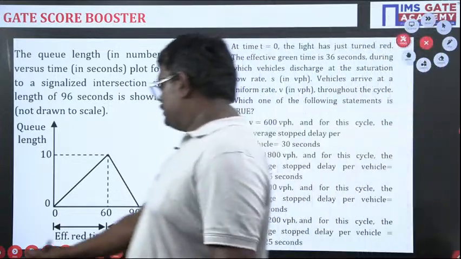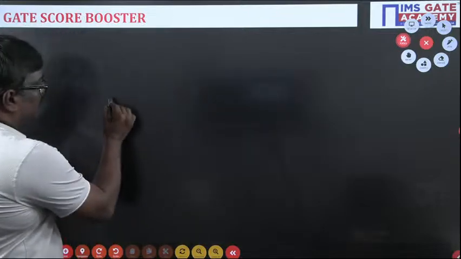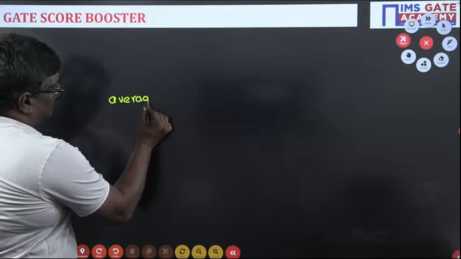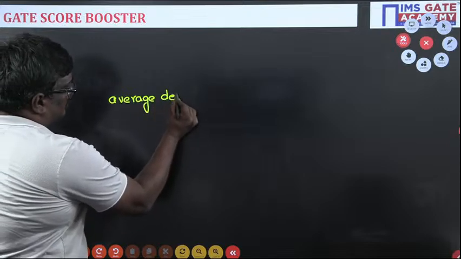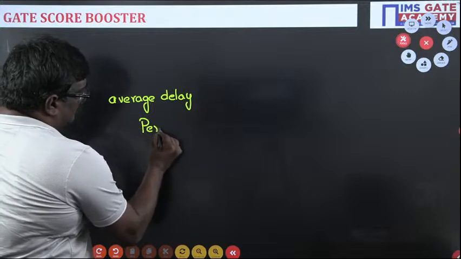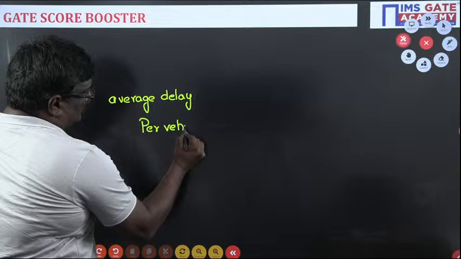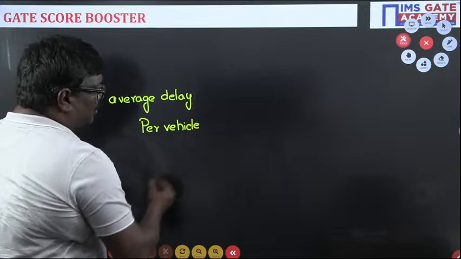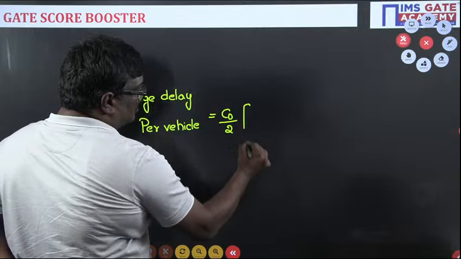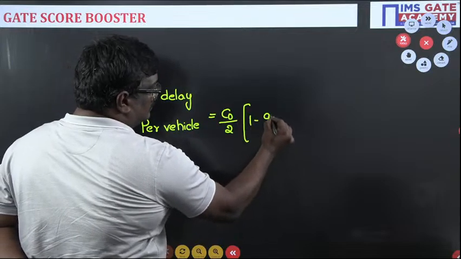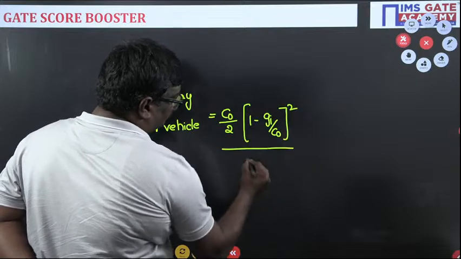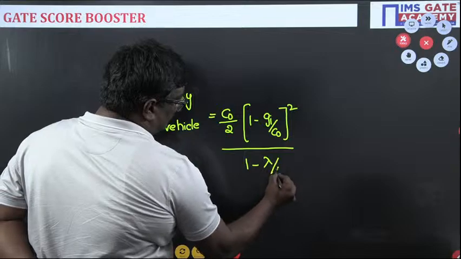Now see, students, here the average delay per vehicle is given by the formula C0 by 2 into (1 minus G by C0) whole square upon 1 minus lambda upon mu.